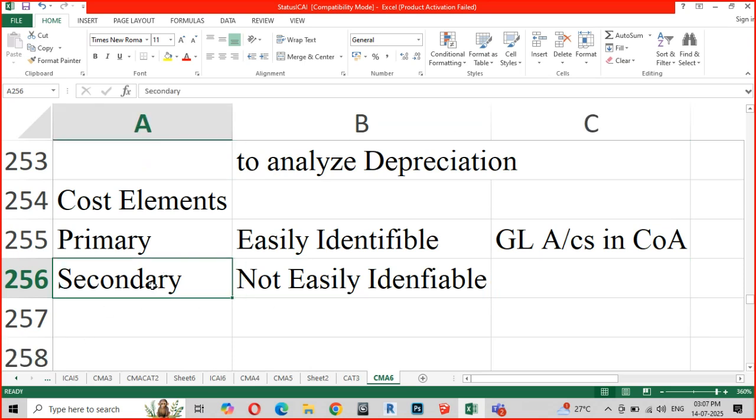What is the example of secondary cost elements? Cost which cannot be easily identifiable to a specific cost center. Like say, your utilities bill, your water bill, your power bill. Can you identify easily?